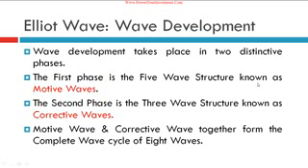Corrective waves are simply those waves which correct the motive waves. So remember, motive waves form a 5-wave structure, corrective waves form a 3-wave structure, and when they are put together, they form a complete wave cycle of 8 waves.